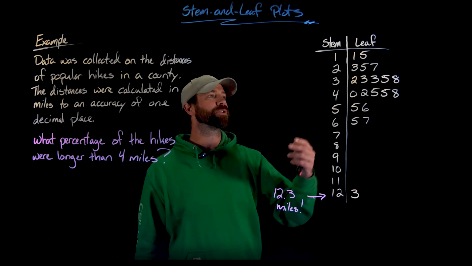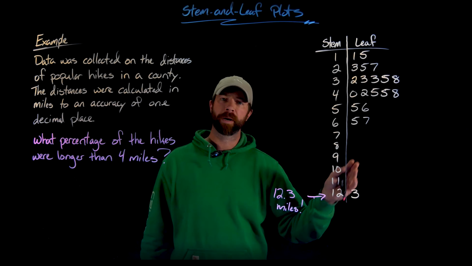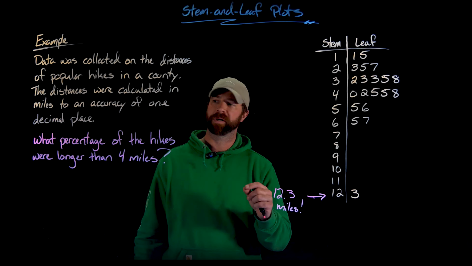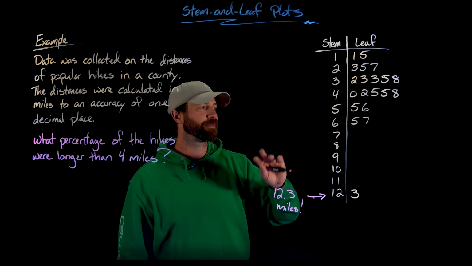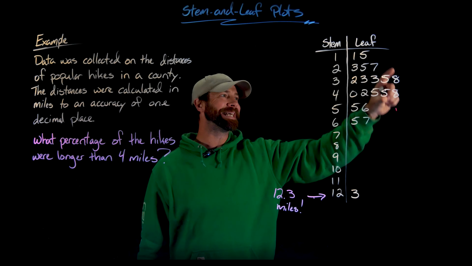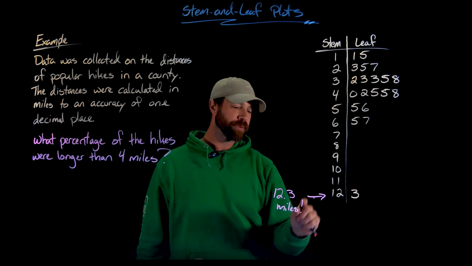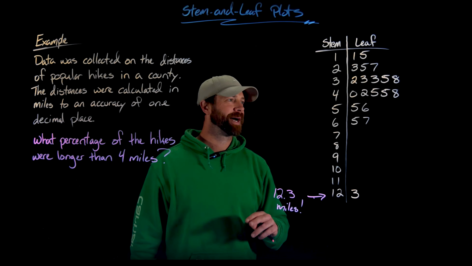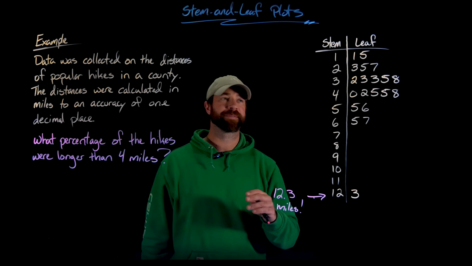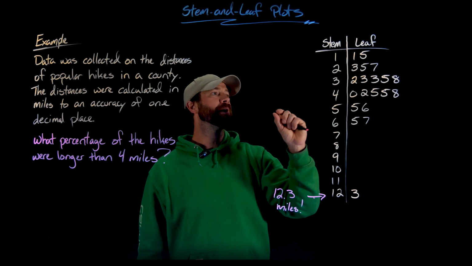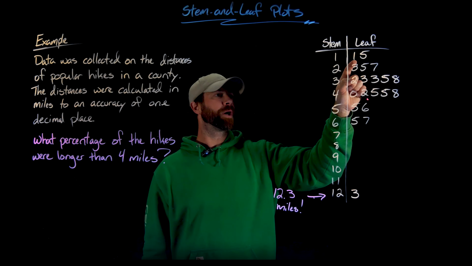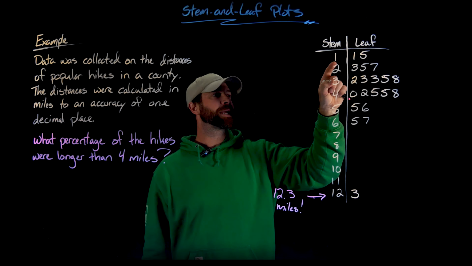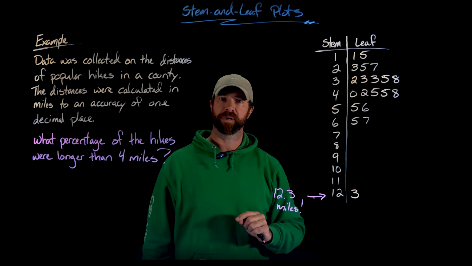We don't need to represent the actual decimal anywhere, but if we know everything is accurate to 1 decimal place, we know that the far right digit in the leaf column represents the decimal place. To read off one more row to clarify, this row right here would represent 2 different hikes. One hike is 1.1 miles long, and the other hike is 1.5 miles long.